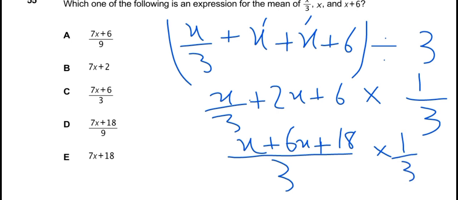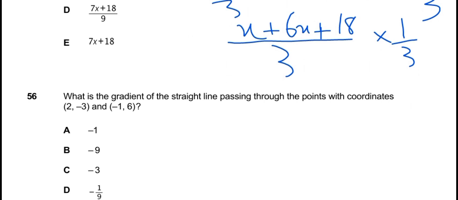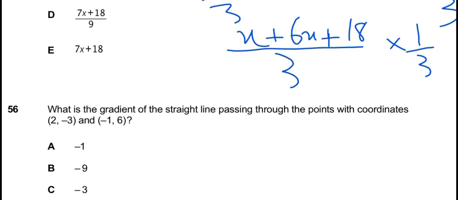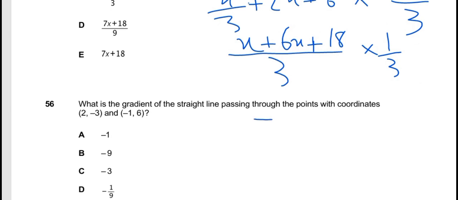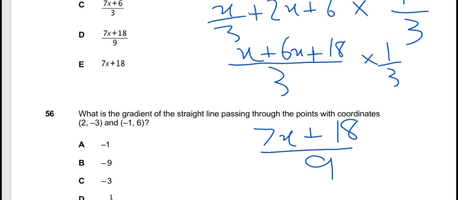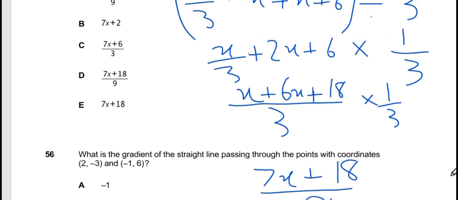If we further go on solving it, then we get 7x plus 18 over 3. So our right option is D, 7x plus 18 over 3.